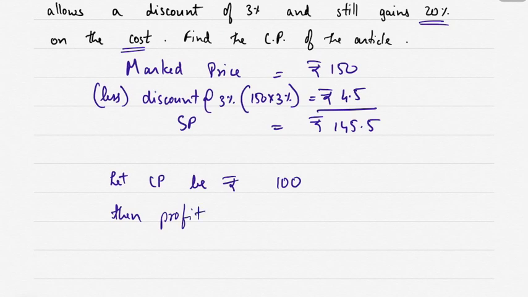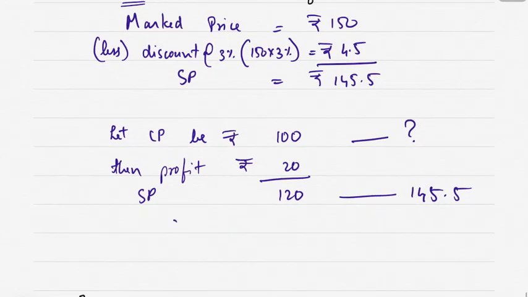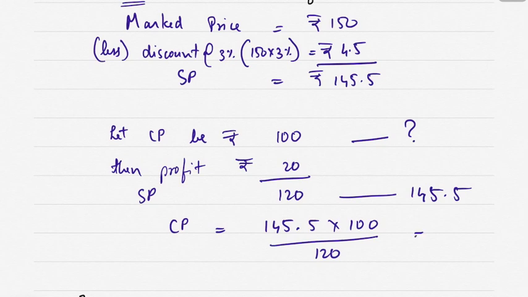Then profit is 20%, so rupees 20, then selling price will be 120 and actual selling price is 145.5. Find the cost price. So cost price of the article will be 145.5 into 100 divided by 120.